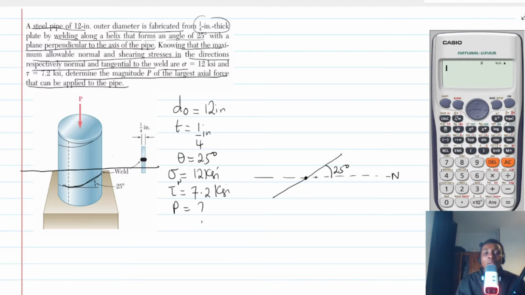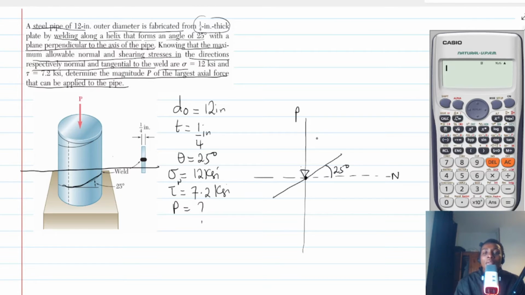All right. So this angle here is 25. But we have our load P coming this way. So P is coming downwards in this direction.